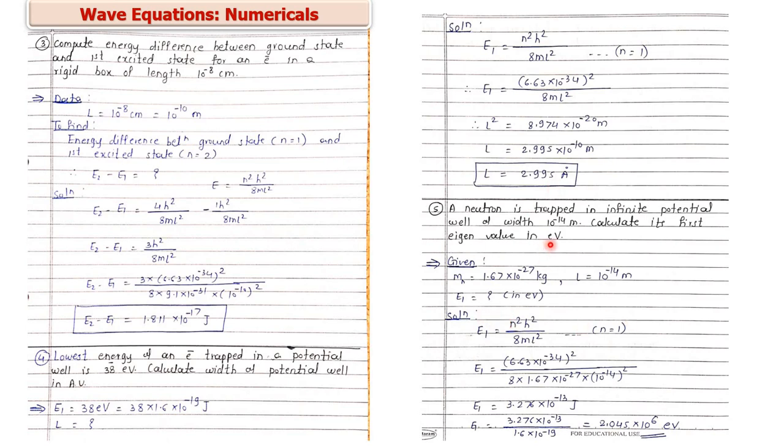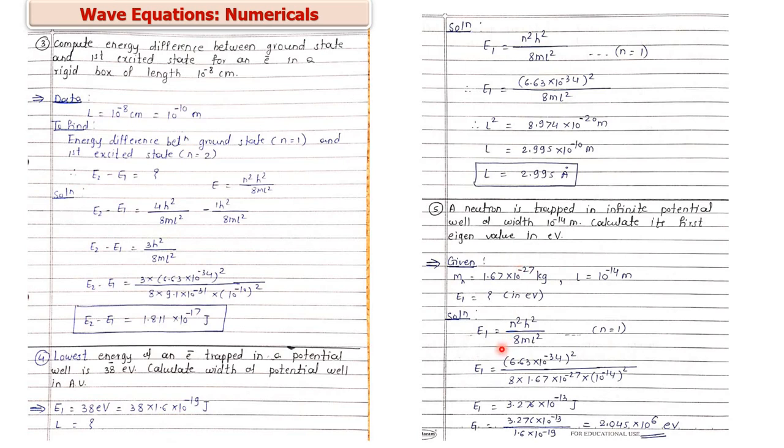The next, neutron is trapped in infinite potential well of width 10 raised to minus 14 meter. So L is 10 raised to minus 14 meter. It is already in meter. Calculate its first eigenvalue in energy, in electron volt, sorry. First eigenvalue means energy of first energy level, so E1 you have to find.